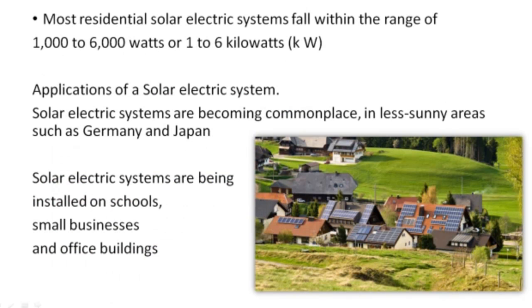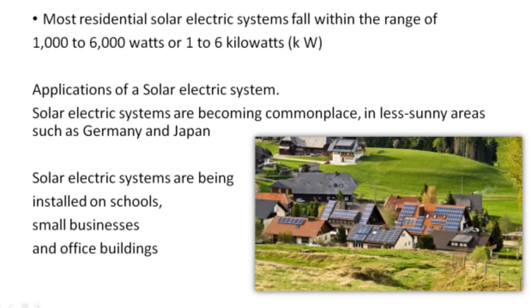Most residential solar electric systems fall within the range of 1000 to 6000 watts, that is 1 to 6 kilowatts. 1000 watts is equal to 1 kilowatt. Although PV systems as large as 9000 or 10,000 watts are sometimes required for very large homes or businesses.